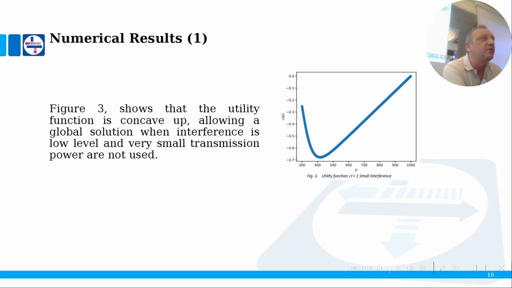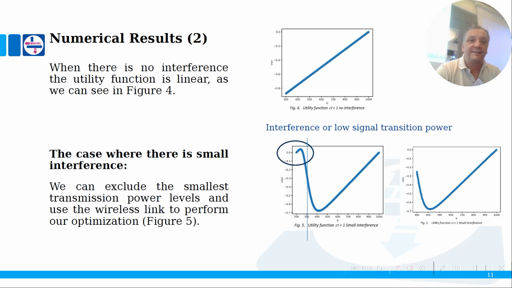So we don't want to do that. Even with minor interference, our packets are dropped. So we actually cut that from our solution in order to make our function concave up. Now you will see what I mean in the next slide.